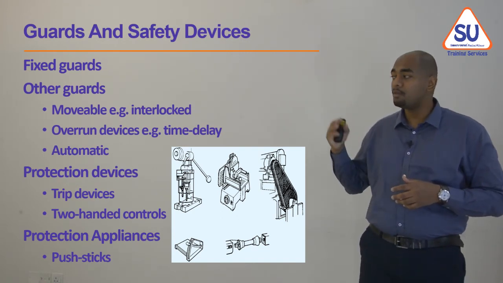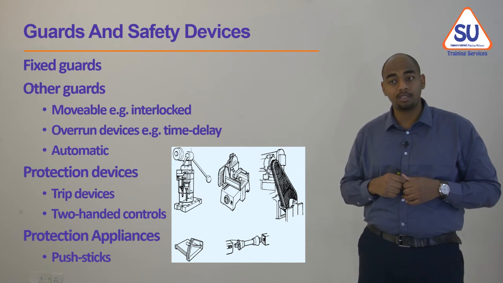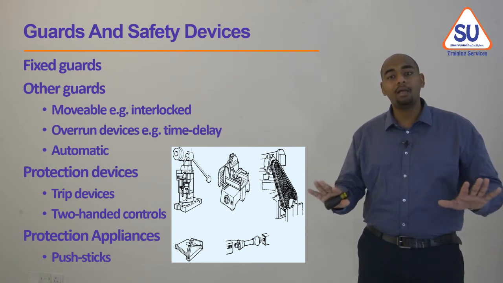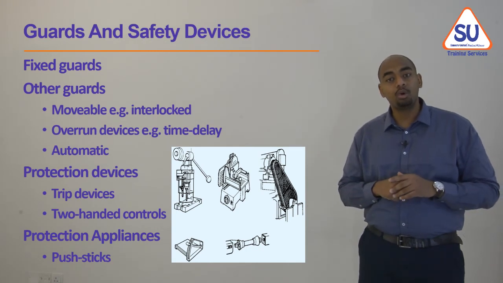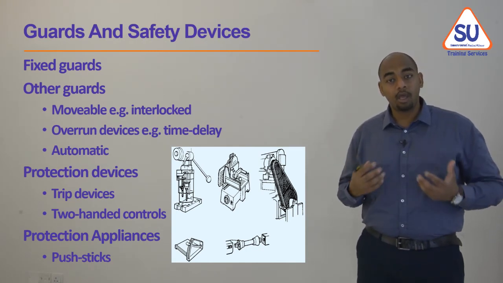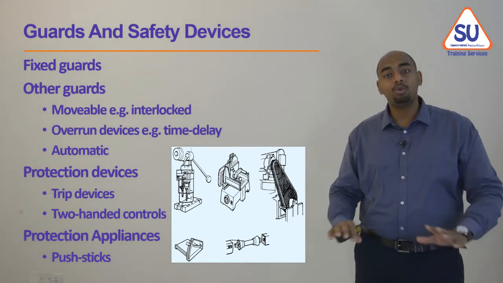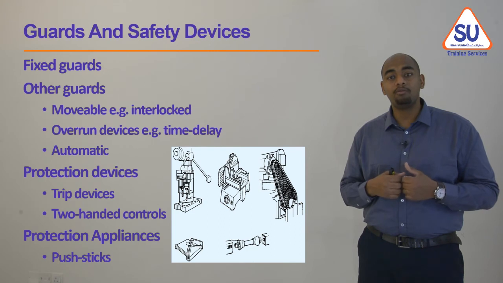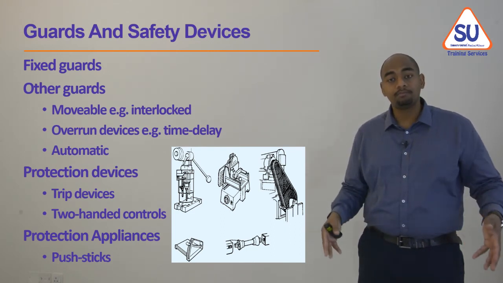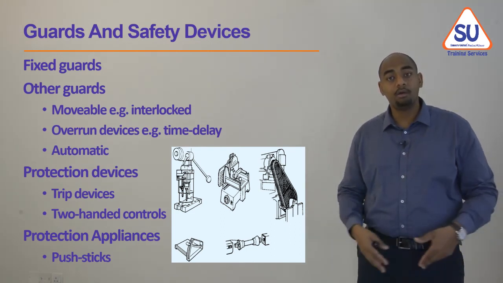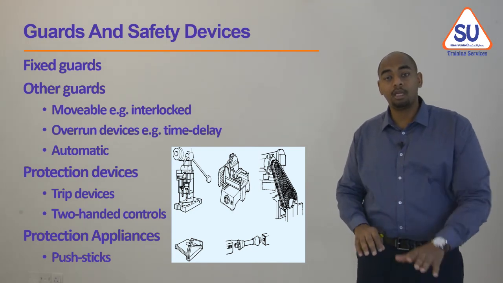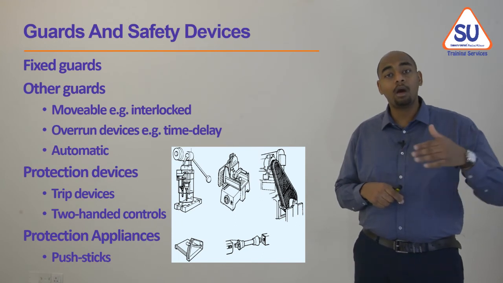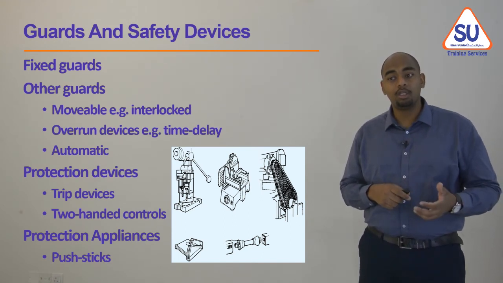There are also protective devices including the trip devices and two-handed control devices. So for any users, they have to push two buttons in order to operate the machinery. Trip devices, here we mean, for example, the pressurized mat on the floor. Whenever any person steps on that mat, immediately it will shut down and cut off the machinery.